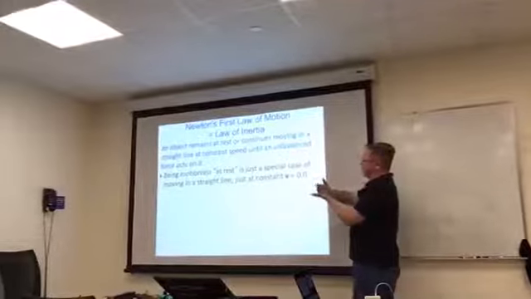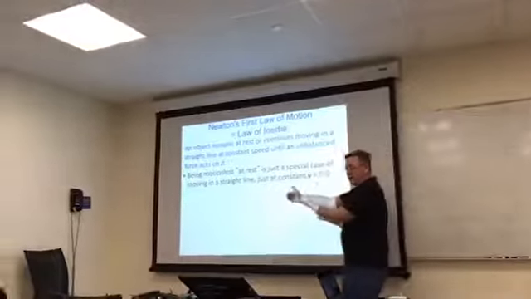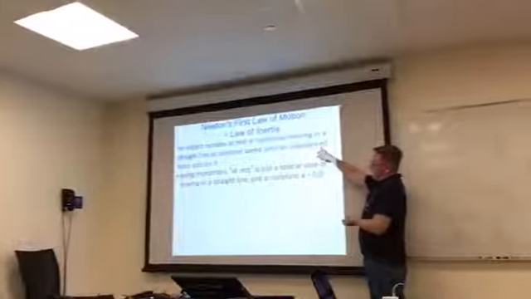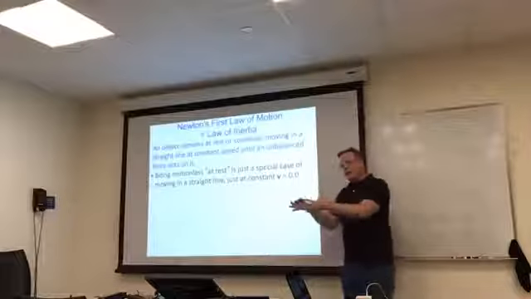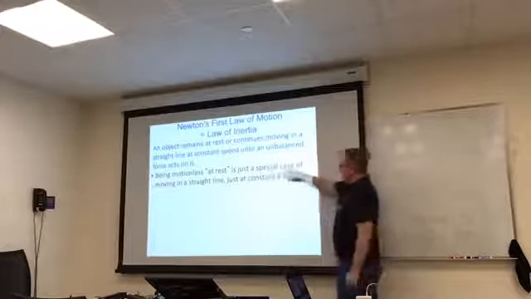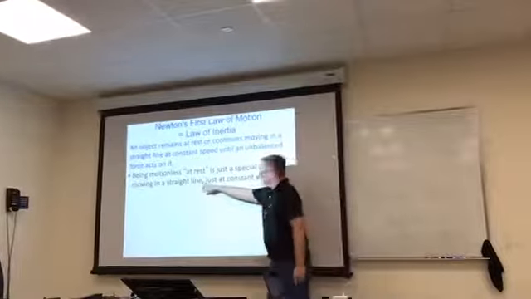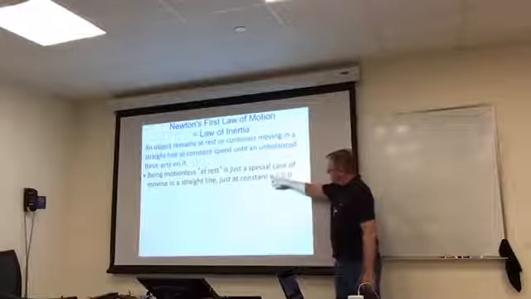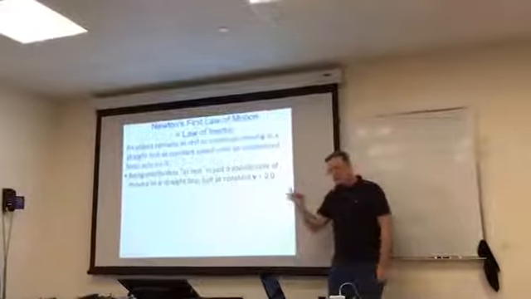It's not moving now. It won't be moving a second from now, 10 seconds from now, 15 seconds from now. As long as there's no unbalanced force acting on it, it will remain motionless. So being motionless at rest is just a special case of moving in a straight line. You're just moving in a straight line with a constant velocity, a constant speed of 0.